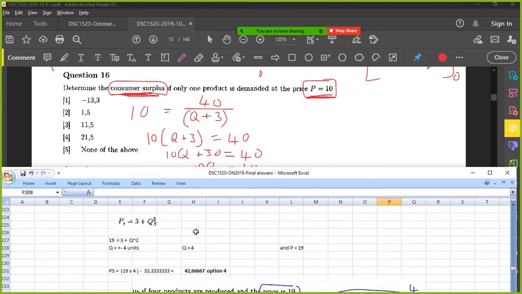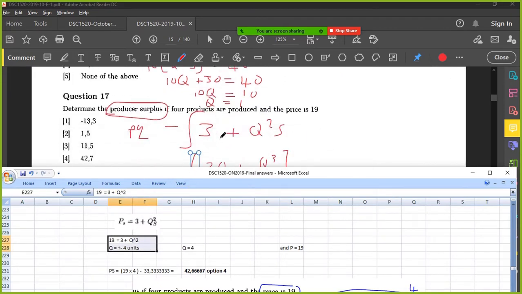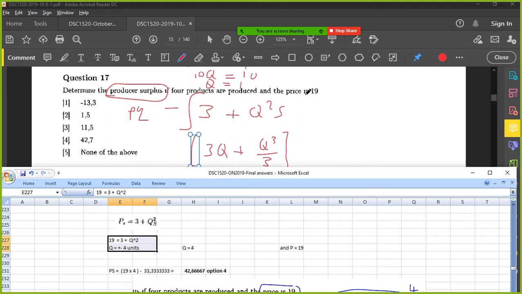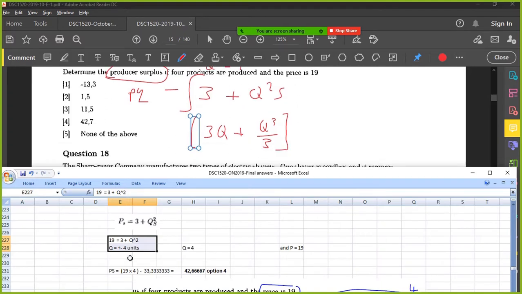Okay, so let's look at it there. There's the PS equals that. Substituting the P. Okay, the P here was what? 19. Okay, so to work out the Q, if I plug in 19, 19 equals 3 plus Q squared. Okay, obviously I'm going to subtract, so I'll have 16.